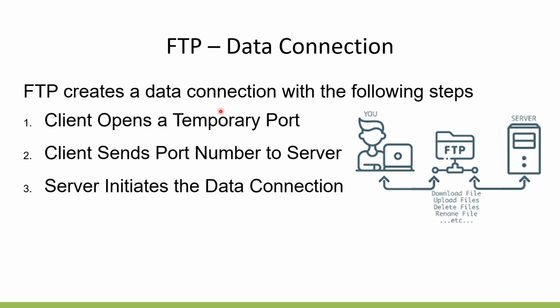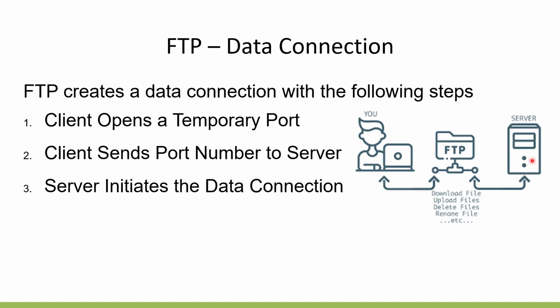Here is a simplified version of how FTP creates a data connection. First, the client initiates the process by opening a temporary port on its end. This is done so the server knows where to send the data.